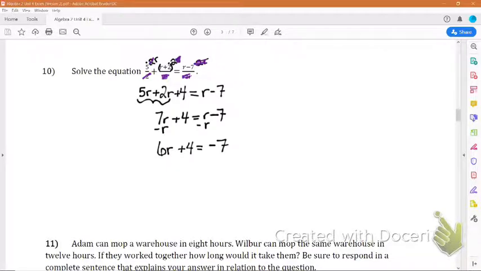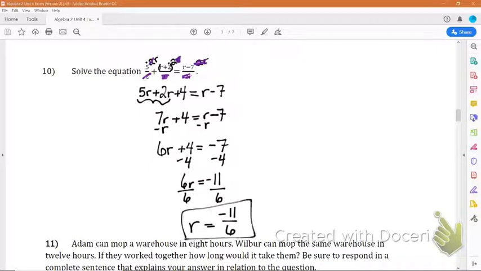Oh, I'm doing a different way. That's fine. Subtract 4 from both sides. 6r equals negative 11. Divide, you get r equals negative 11 over 6. I would recommend you leave your answer just like that.